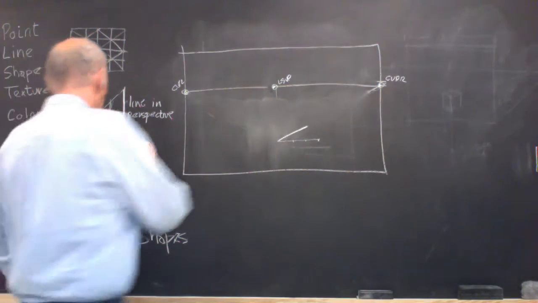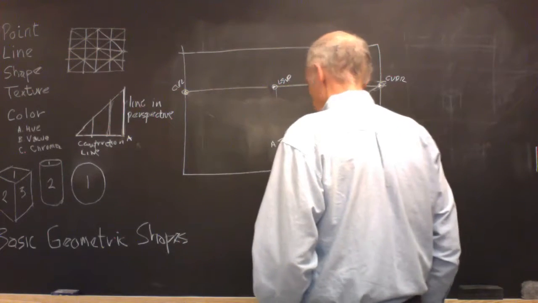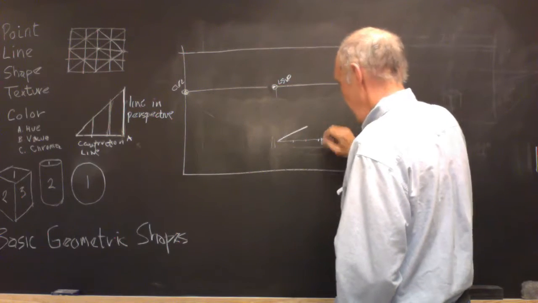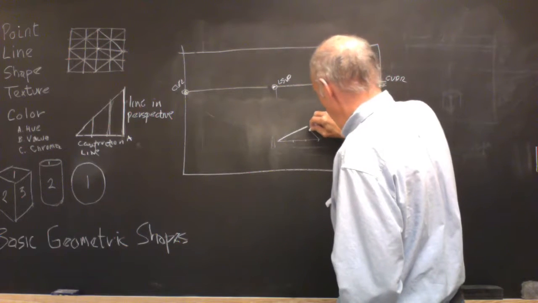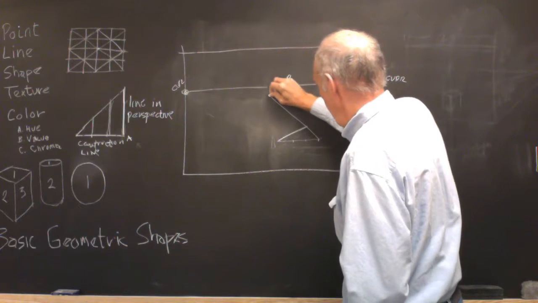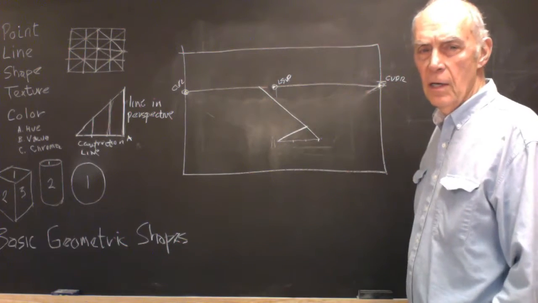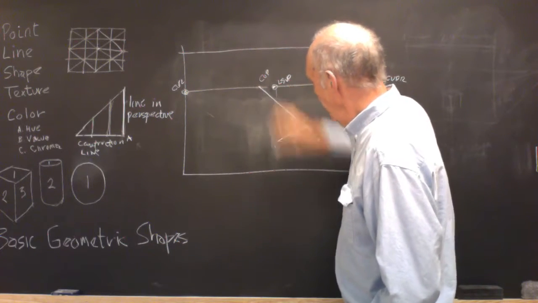So if I start here at A, then I draw a line through the end of that and extend it out. As soon as I hit the horizon line back there, I establish a construction vanishing point where all parallel lines go to.